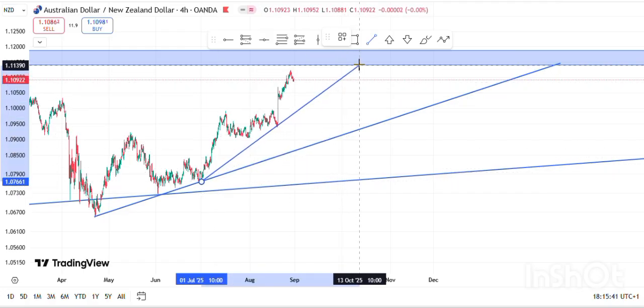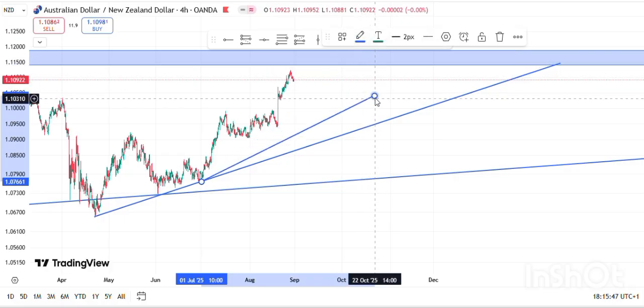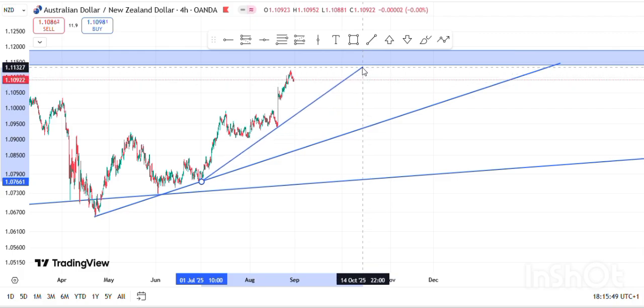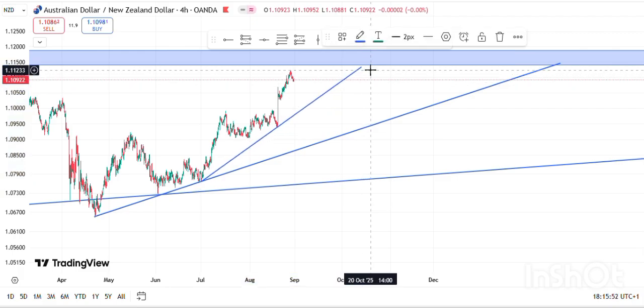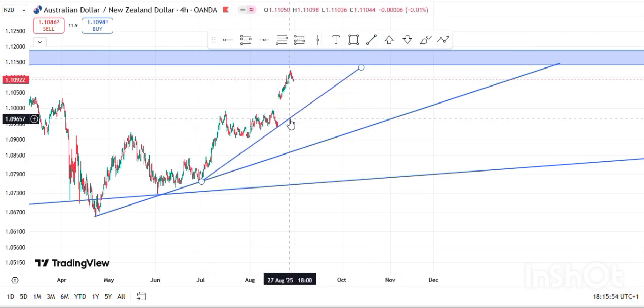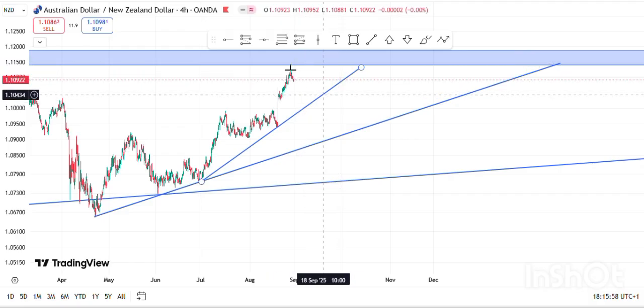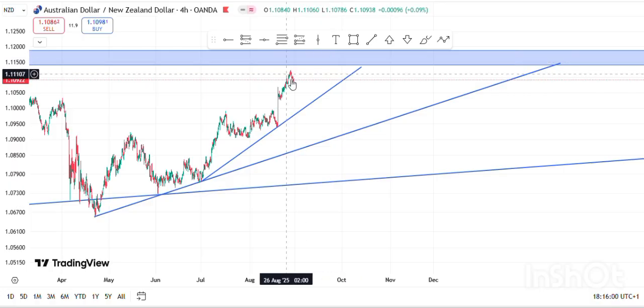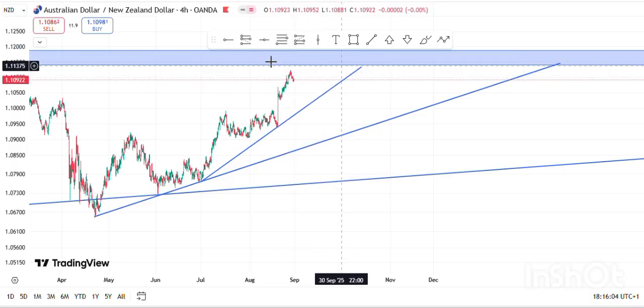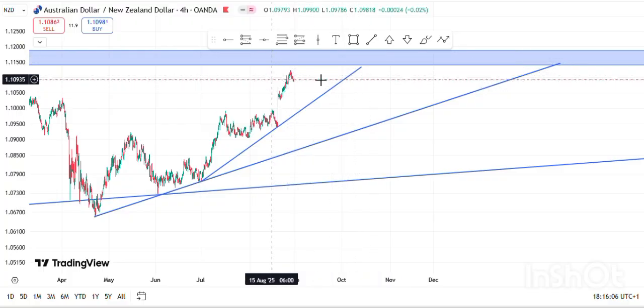So that's great. So I can take an early entry from here. I can take an early entry from here, once it does whatever it does and breaks here. I can take that. Or if it gives me a chart pattern here, if it gives me a chart pattern here, I'll take the trade.